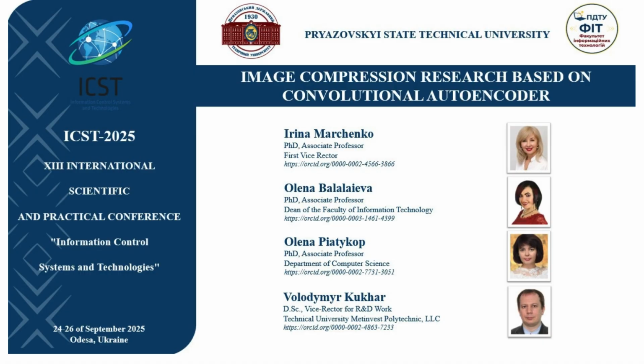Today I want to present for your consideration the work of our team of authors, image compression research based on convolutional autoencoder. With rapid advancement of information technology and the growing volume of digital content, there is increasing need for efficient data compression methods.